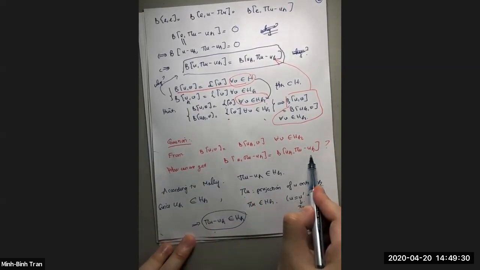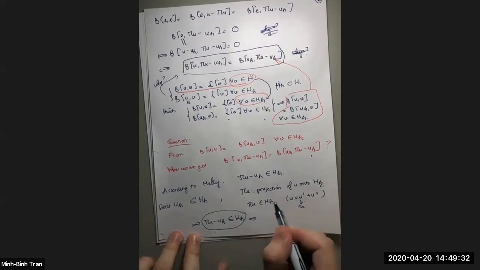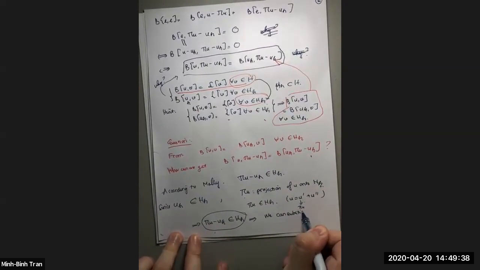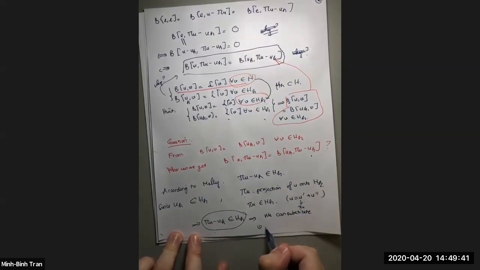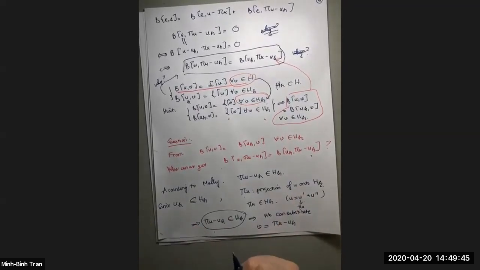And because pi u minus u_h is also in H_h, this is true, meaning that we can substitute v by pi u minus u_h, and you get a second identity, right? It's clear, right?